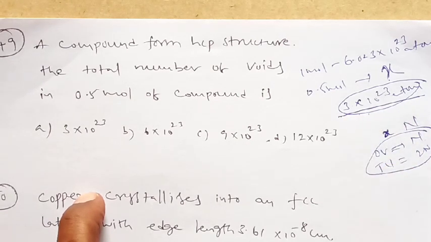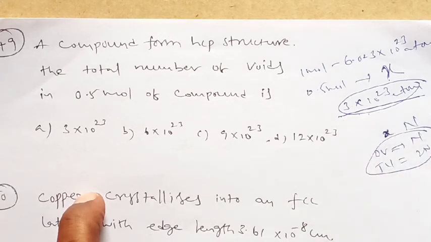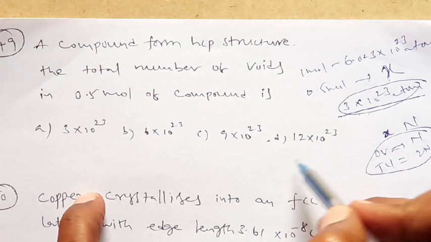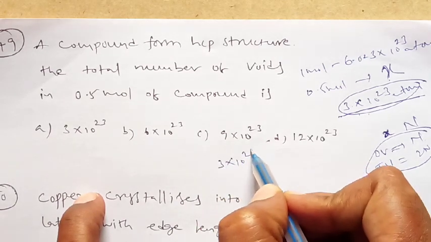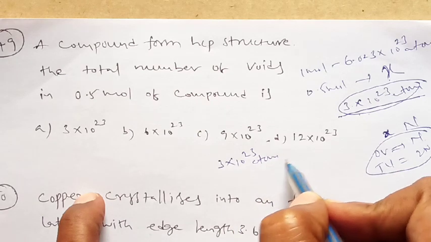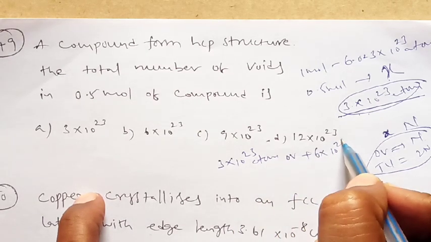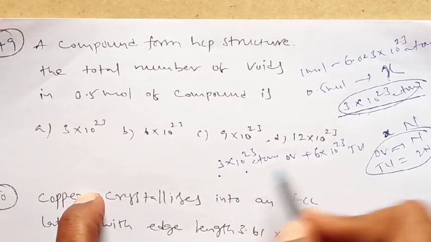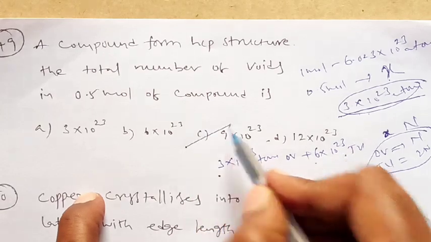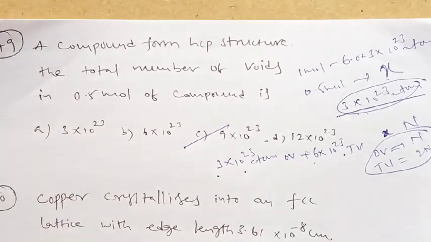The same number. In 3 into 10 power 23 atoms, how many tetrahedral voids? Double this. That means 3 into 10 power 23 octahedral voids and 6 into 10 power 23 tetrahedral voids. So 3 into 10 power 23 plus 6 into 10 power 23, what will we get? 9 into 10 power 23. Is it clear? Very simple and very important model.